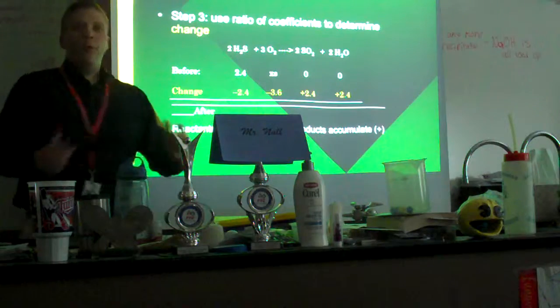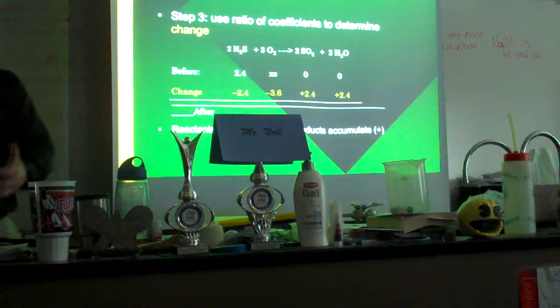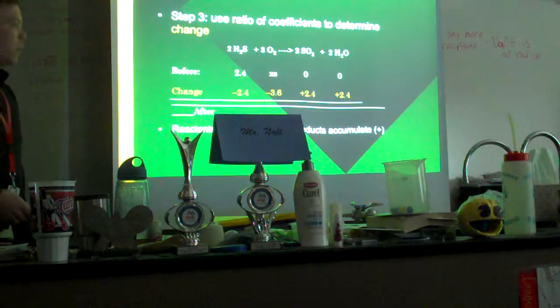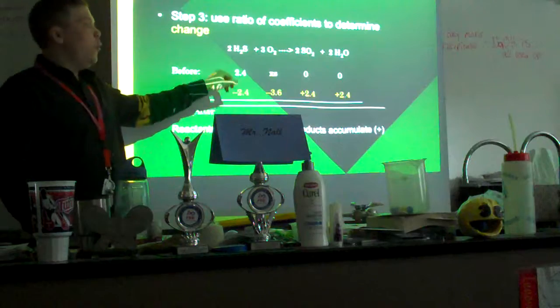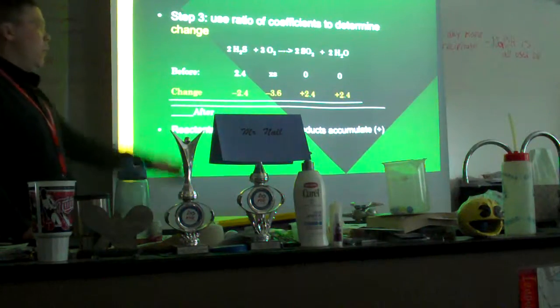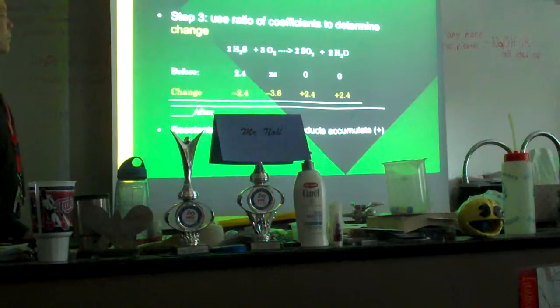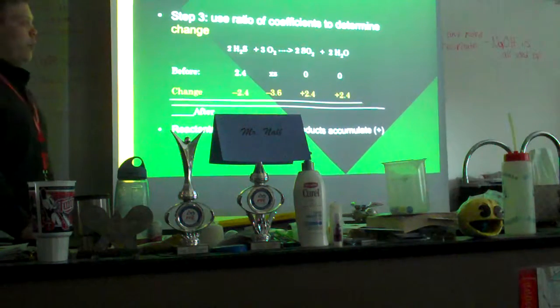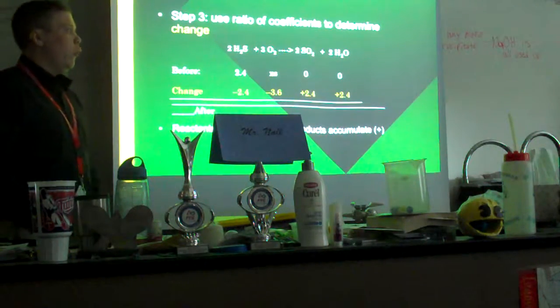Now, with the change for the reactants, when I react two chemicals in a chemical reaction, I'm going to lose them. That's what the minus signs are for. I'm going to lose the amounts of those reactants, so minus 2.4, minus 3.6. In terms of the products, I'm going to gain them, hence the plus 2.4s.